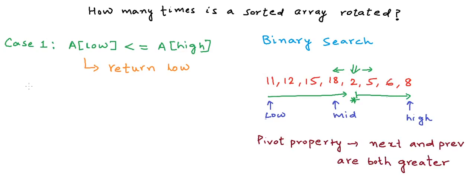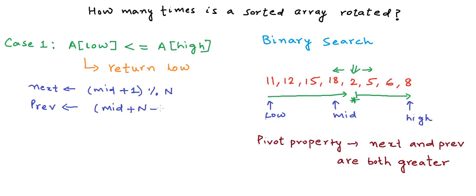So here we calculate next as (mid + 1) modulo n. Modulo n because if mid is the last index in the array, we need to go to the first element. So modulo operation does that. And previous would be (mid - 1 + n) modulo n. We add n here so that mid minus 1 does not become a negative number.